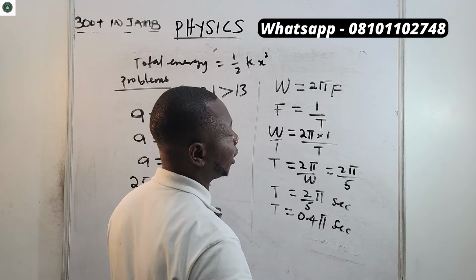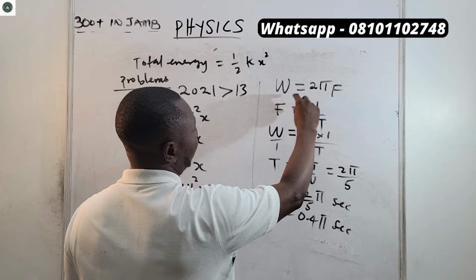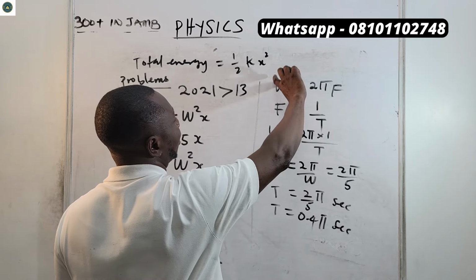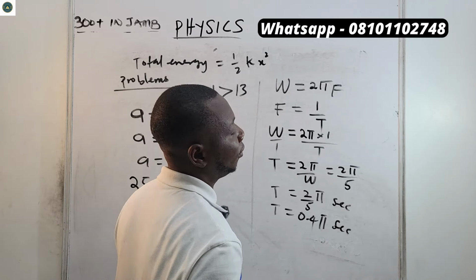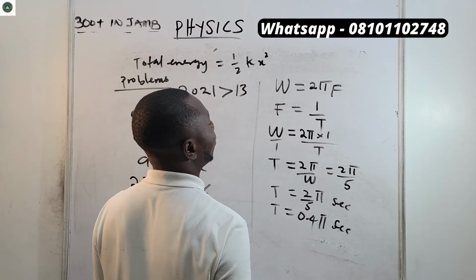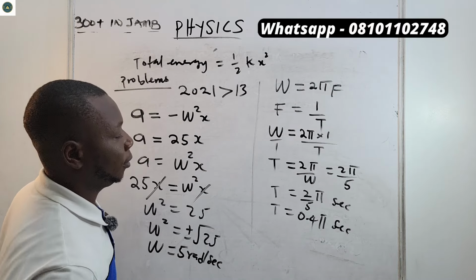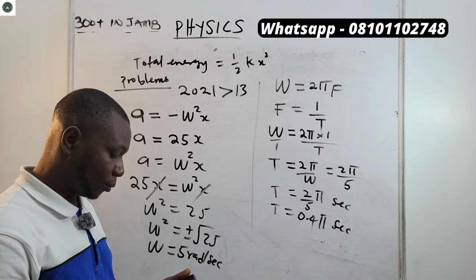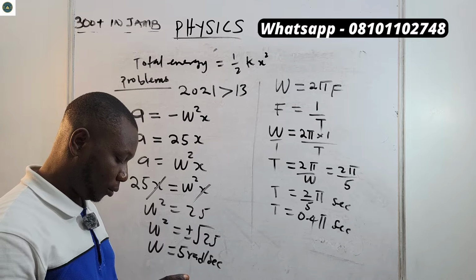It's just a reciprocal, an inverse: frequency is the inverse of period. And omega is 2 pi f, so we can replace f by 1 over the period. That's how the answer comes, so you have 0.4 pi seconds.